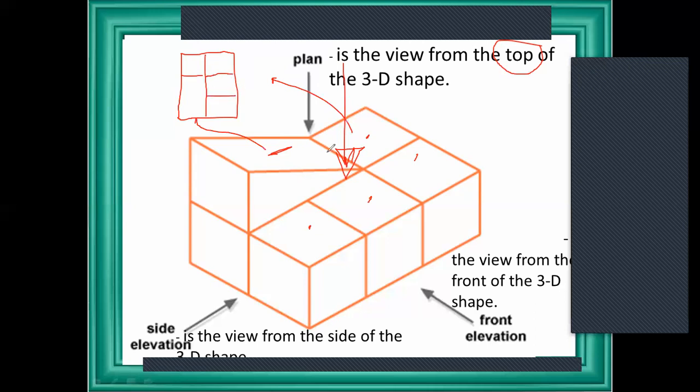So if you look at this from the top view, then you have this one. Can you imagine now? Kim, did you get it? All right. So plan is the top view of the 3D shape.